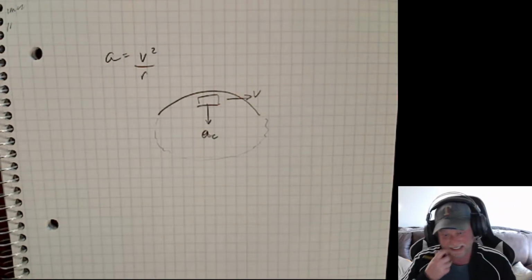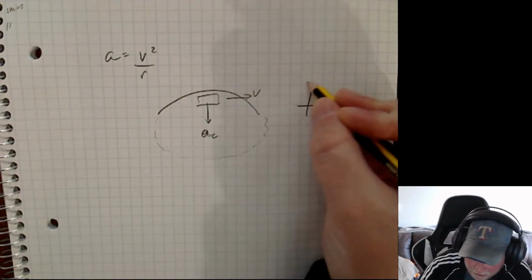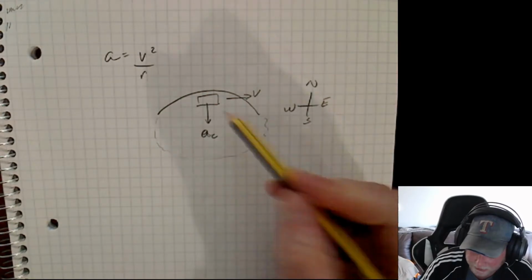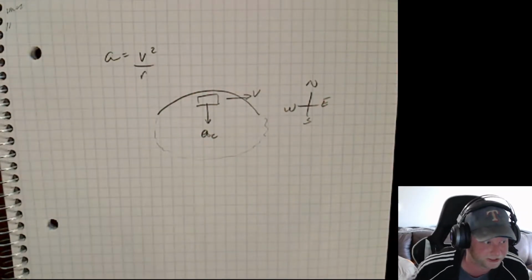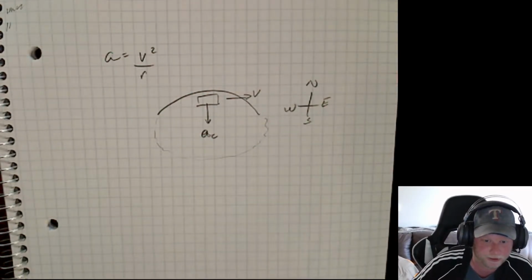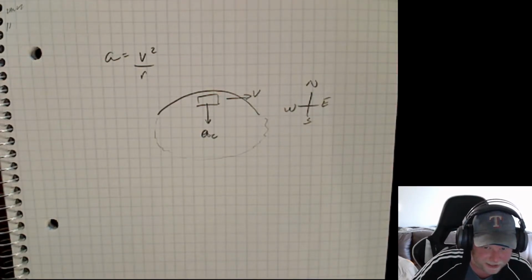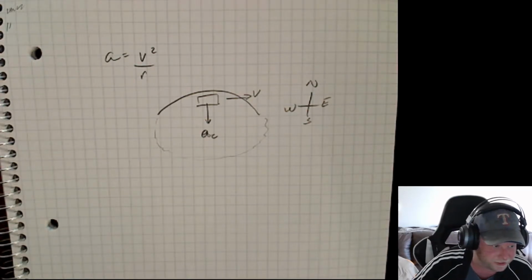So in this case, if we're looking at this being a compass rose, where this is northeast, southwest, if its velocity is eastward, then its centripetal acceleration is southward. But again, the key is recognizing that even if it's just moving in a segment of a circle, you're dealing with circular motion.